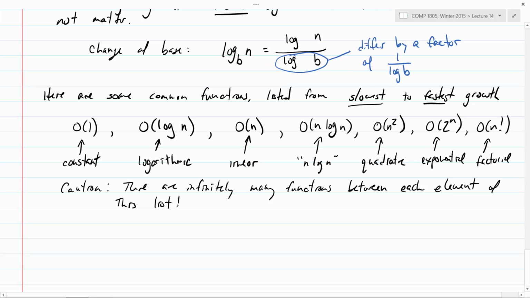So here's a fun question. Are there countably infinitely many functions between elements of this list, or uncountably many functions between elements of this list? Uncountably, because there could be a number of rational and non-rational numbers.